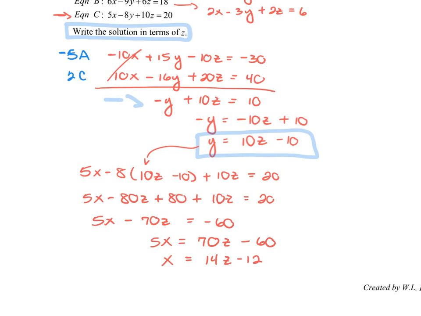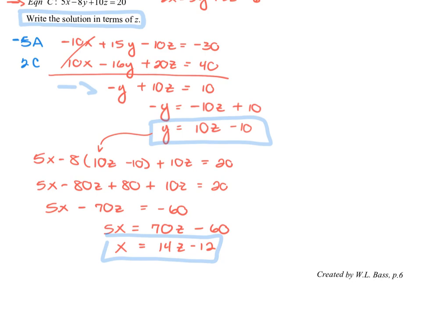These equations are what we're going to say in terms of z. So when you look at these, for example, in the back of the textbook, the way it will be written will look like this. They'll have an x value, they'll say 14z minus 12, comma, the y value will become a 10z minus 10, and then they'll say z.